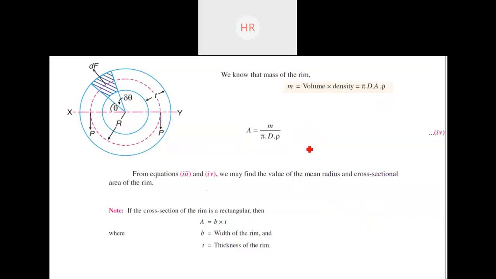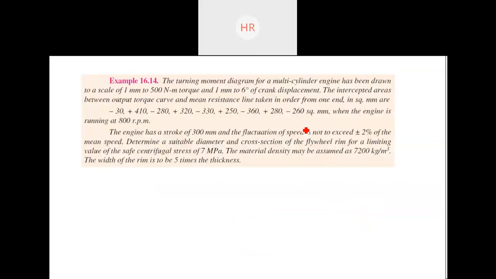Okay, so let's have a look at an example. I've taken this example from the Kurmi book. The turning moment diagram for a multi-cylinder engine has been drawn to a scale of 1 mm to 500 Newton meter torque.